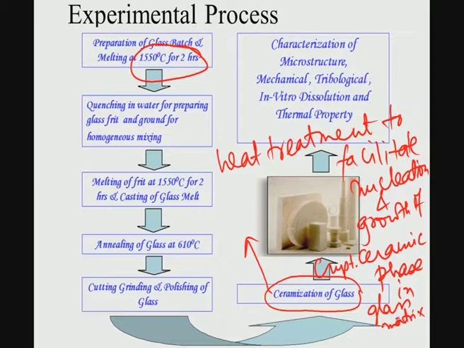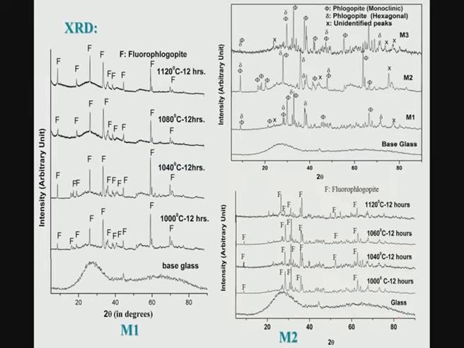And the ceramization process takes place at a temperature much lower than the melting temperature of the glass, but reasonably high enough so that there is enough driving force for the nucleation and growth of the crystalline ceramics in the glass matrix.